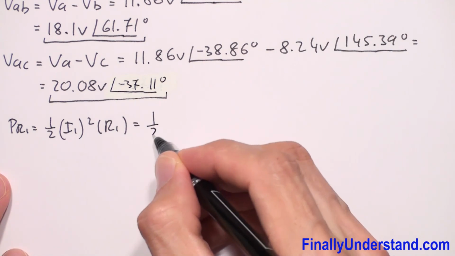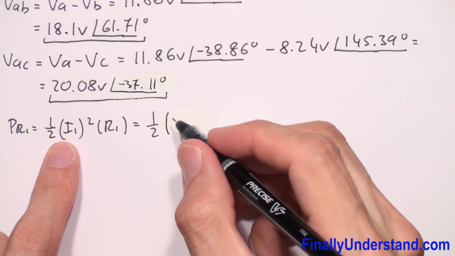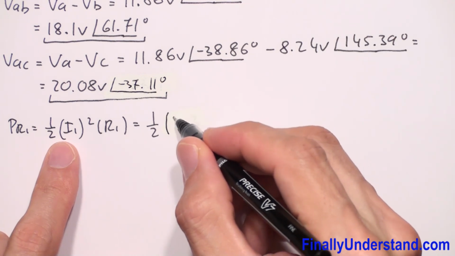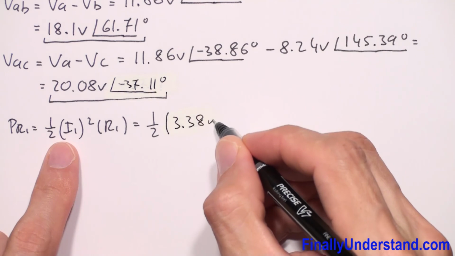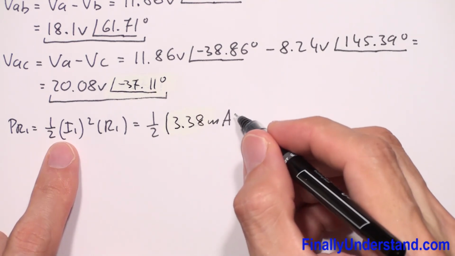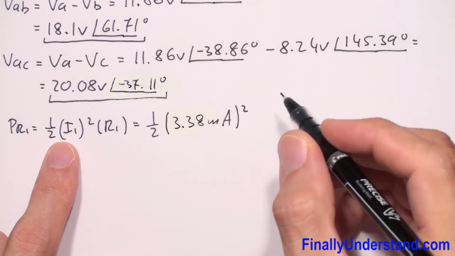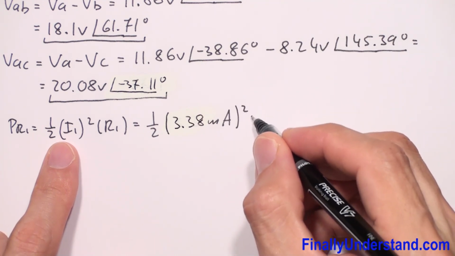So I have 1/2 times the current I1, which we found is 3.38 milliamps. We don't use the angle at this moment. Raised to the second power times R1, which is equal to 3 kilohms.